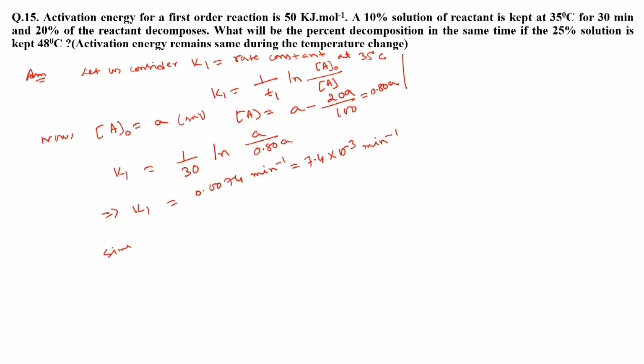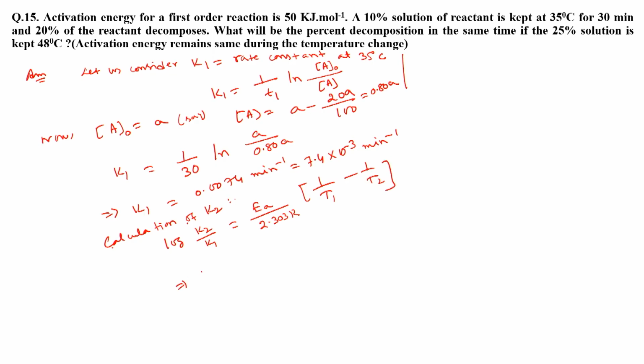Similarly, to calculate K2, we need to use the Arrhenius equation. It says log K2 by K1 is Ea by 2.303 times R, times 1 by T1 minus 1 by T2.